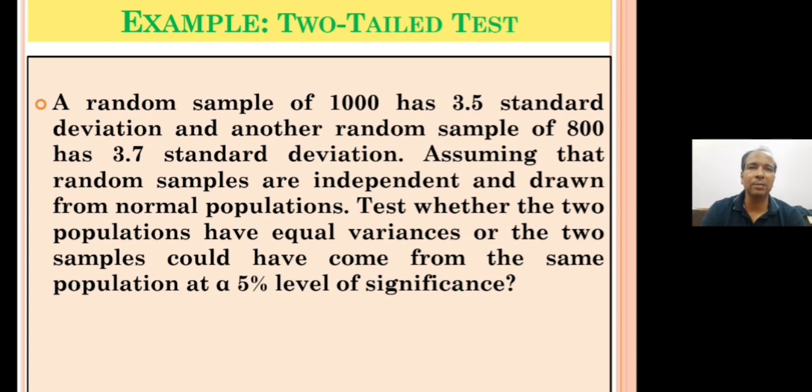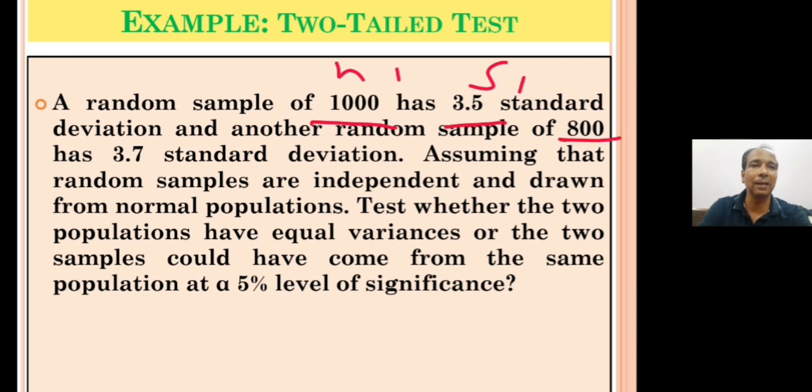Now the problem is like a random sample of 1000 has 3.5 standard deviation, and another random sample of 800 has 3.7 standard deviation. So here we can see this is N1, this is S1, standard deviation of sample 1.